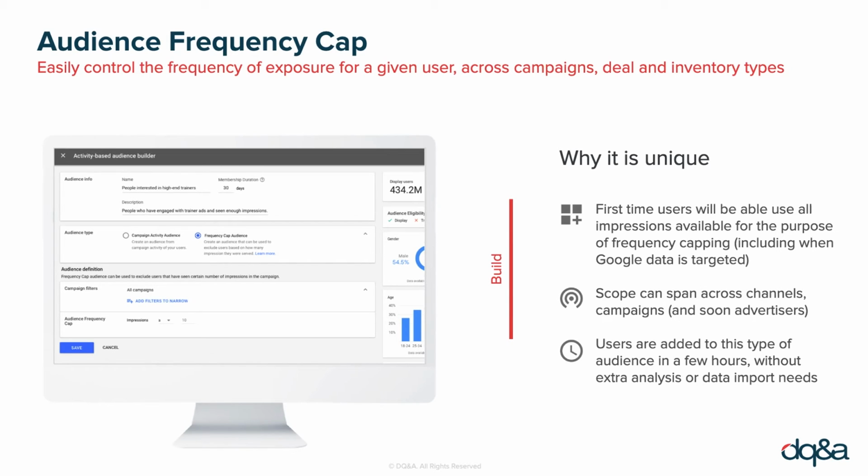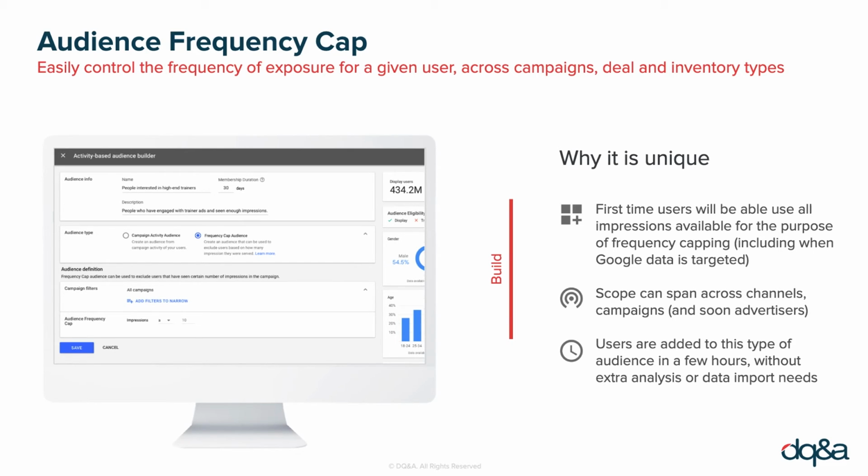So traditionally, a campaign or IO line item frequency cap only lets you cap impressions for a single campaign, IO, or line item. But if you still want to manage this frequency across campaigns for a given user, you would need to analyze a set of log files and data transfer, which takes a lot of time to both analyze and activate.